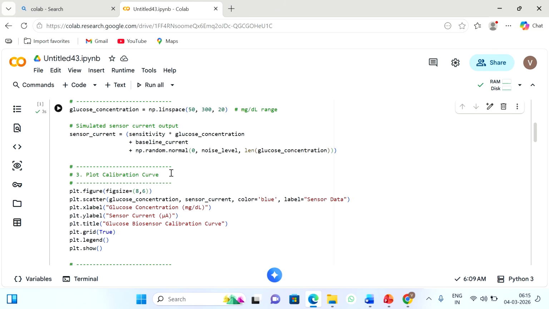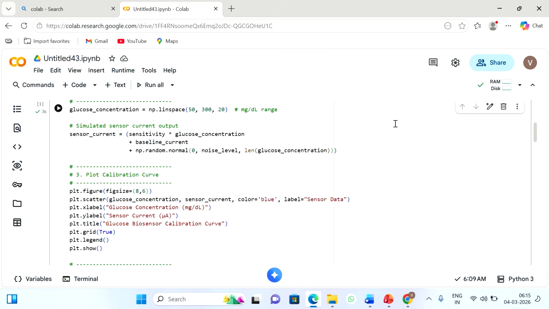Then generate glucose samples. glucose_concentration is equal to np.linspace(50, 300, 20), that means in the range of mg per dl.